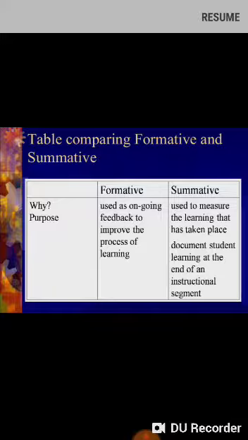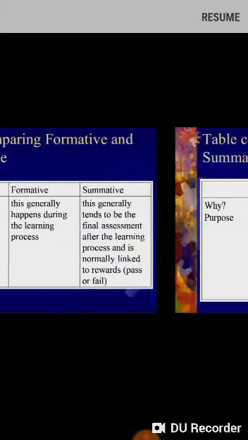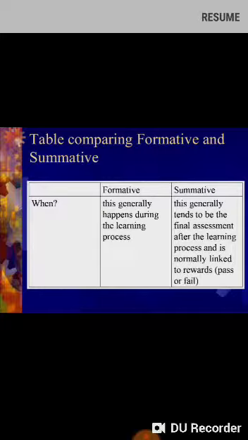Now here we will discuss when formative and summative assessment take place. Formative assessment generally happens during the learning process, and the summative assessment generally tends to be a final assessment after the learning process and is normally linked toward pass or fail.